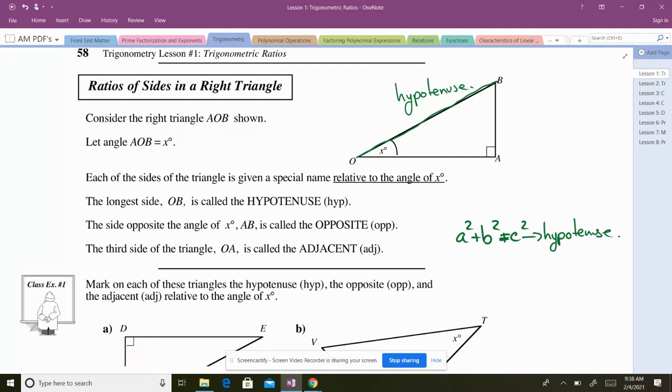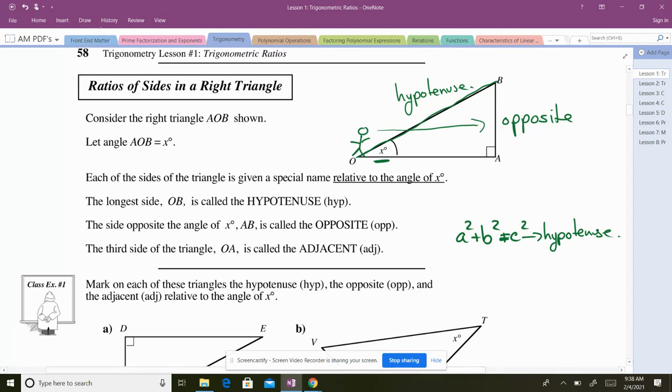Now, if this is our angle X, and you're standing right here, you can see my drawing skills here. If you stand at that angle and you look across, the side that you're looking at is the opposite. The side when you're at the angle that you're given or asked to find, and you look across, that is the opposite.